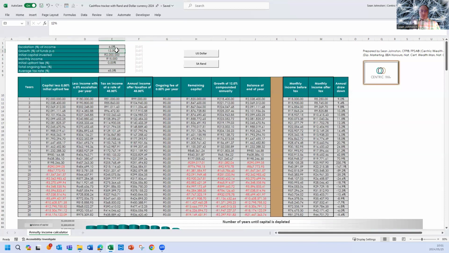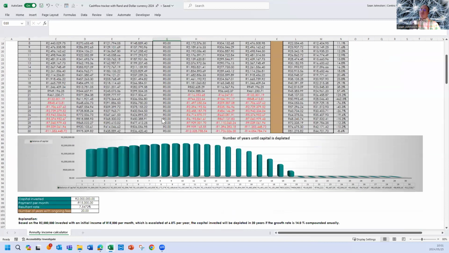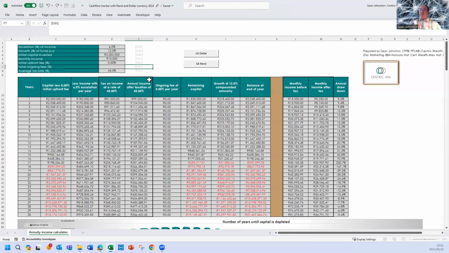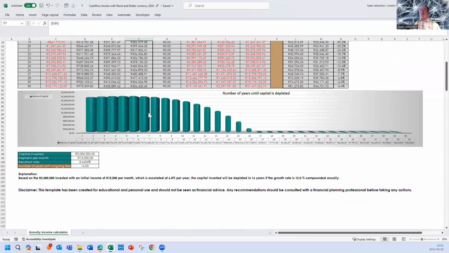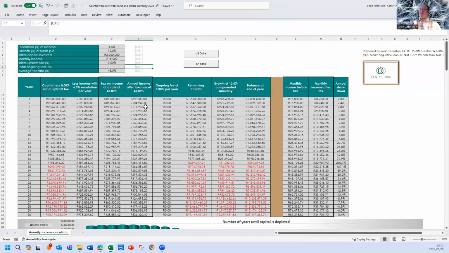But trying to get a higher return, let's say this is 14%, it's not going to make a huge difference in terms of longevity of the capital, but even 12% is pushing into a more aggressive asset class mix, which is really at the risk of the investor if there's a downturn in the market and they still need to draw an income.